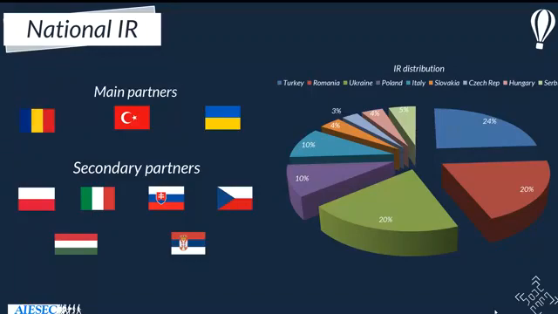That's why they're chosen as the main partners. Secondary partners are in countries which are contributing from 3 to 10%. That's why they're chosen as secondary partners. So here are Poland, Hungary, Italy, Slovakia, Czech Republic, and Serbia.